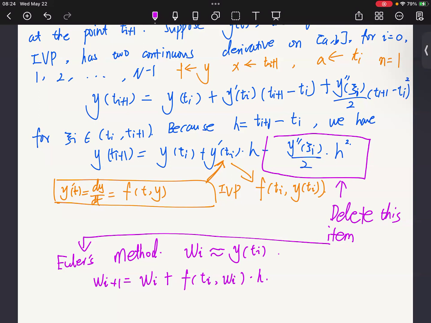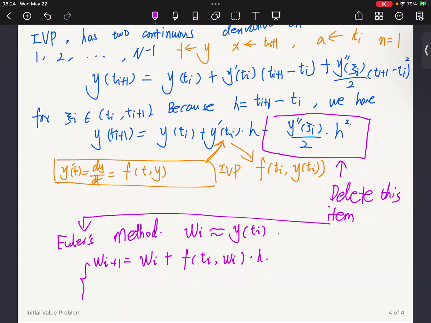But in an initial value problem, we also have the initial value. And so this is not the complete setting. We have another equation here, the equality here, and it's just w_0, which means that this is the approximation to the initial point.